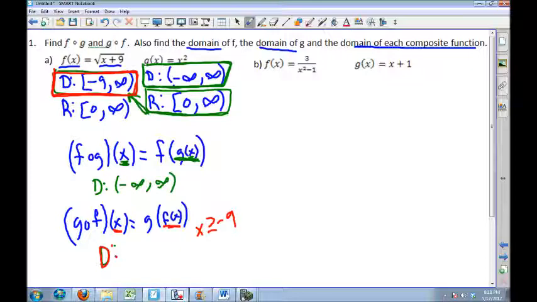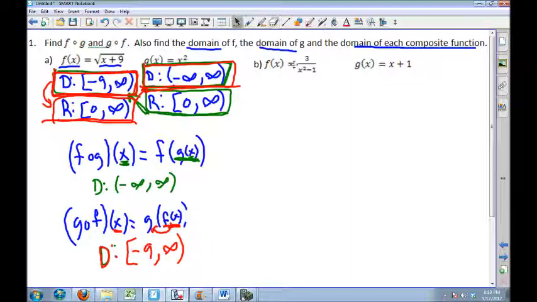Out of that, I get values in the range of f, which are between 0 and infinity, and I plug those values in to my function g. So those values go into the range for g. All of my values in this range will fit into this domain, so I don't have any further restrictions. So the only restriction in my domain is x has to be greater than or equal to negative 9, and goes on forever.